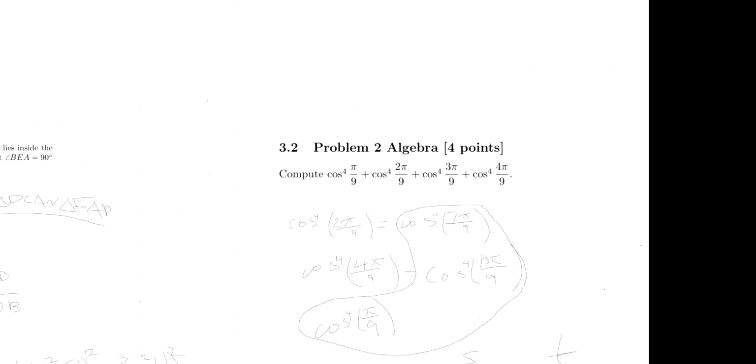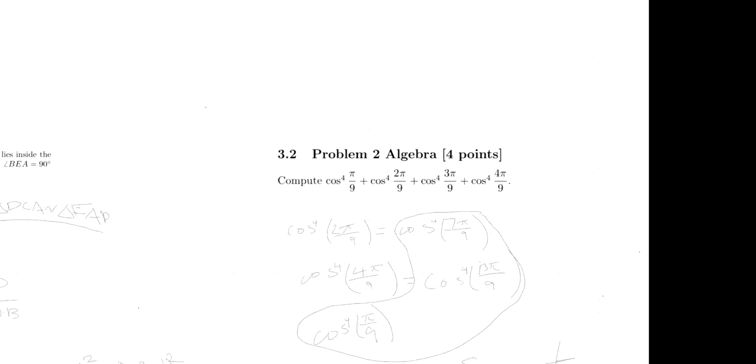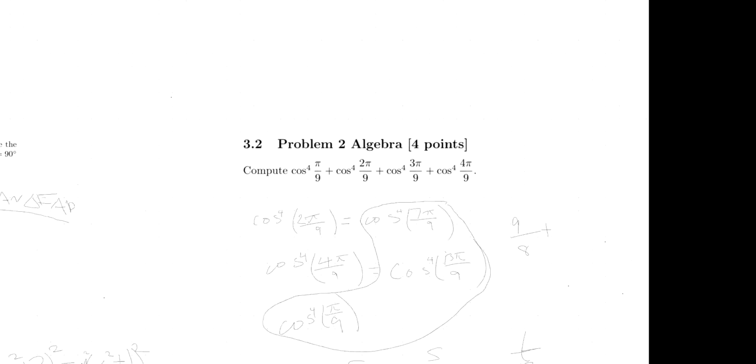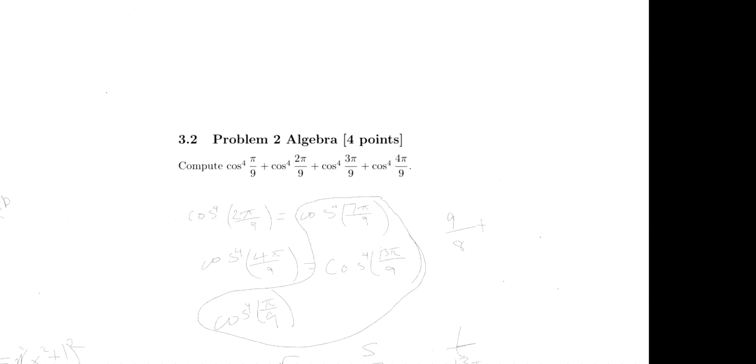Okay, so 9/8, and we need to remember to add this to, because remember in the beginning we set cosine to the 4th 3 pi over 9 aside. Now we have to add it back in, and so the value of that is 1/2 to the 4th. So you put plus 1/16, and from this you can get 19/16.